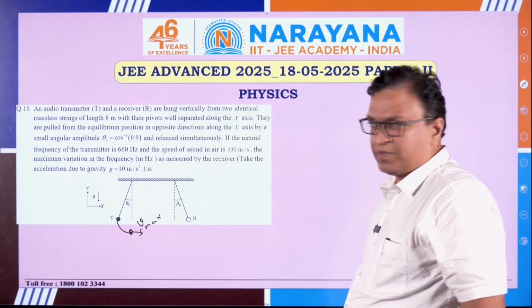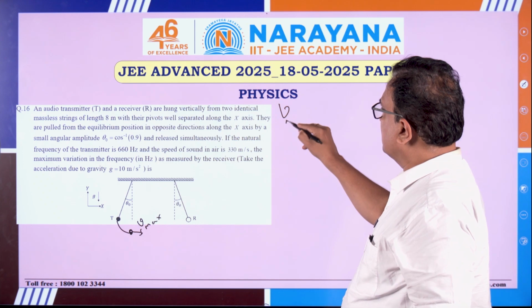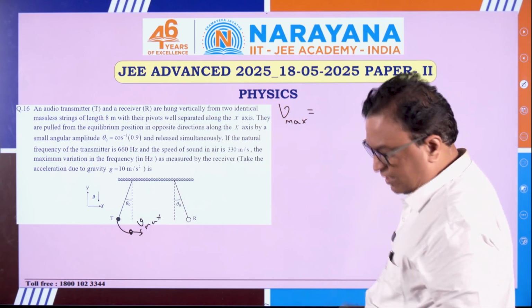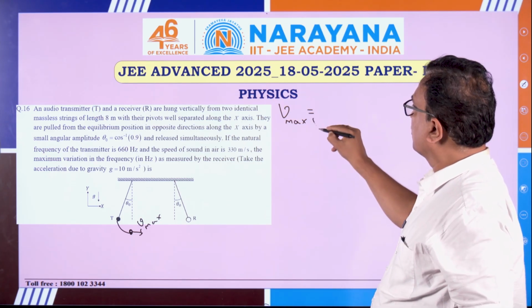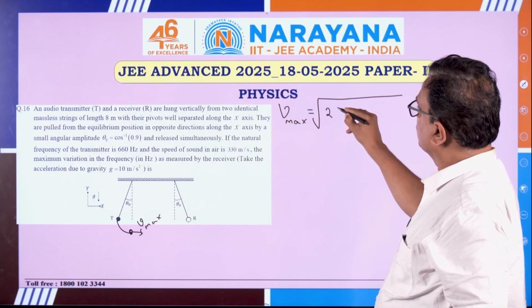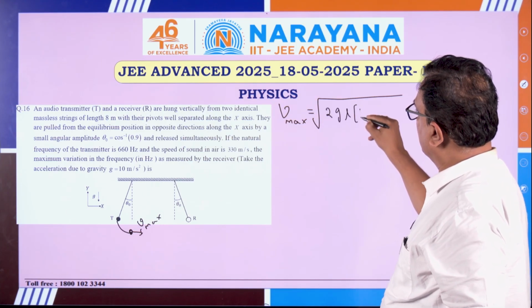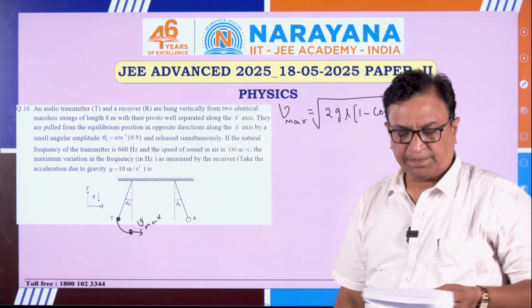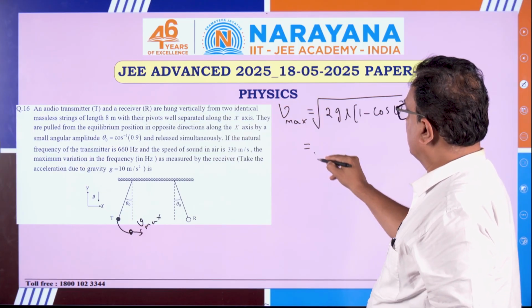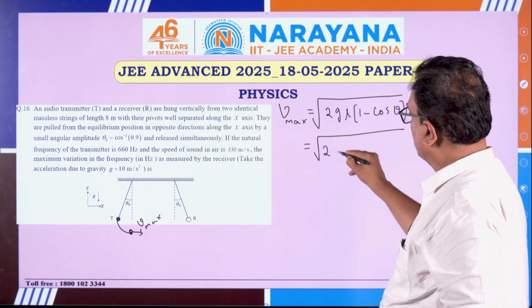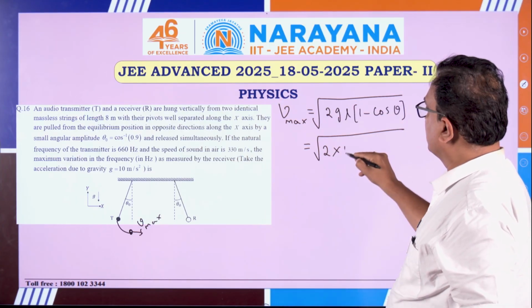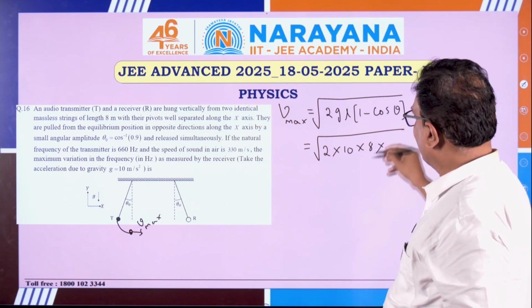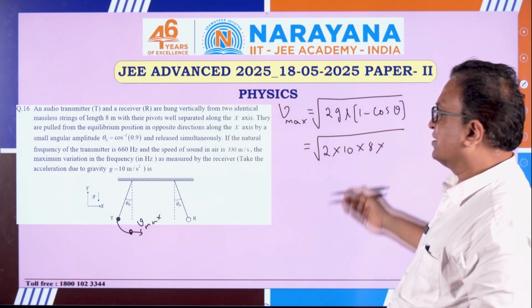That maximum velocity you can write as under root 2gL into 1 minus cos theta, which is under root 2 into 10 into 8 into 1 minus cos theta.